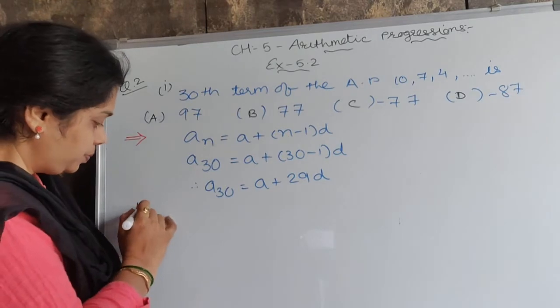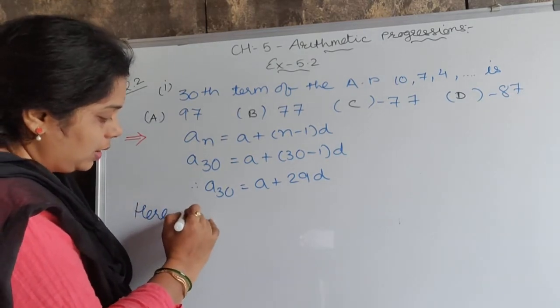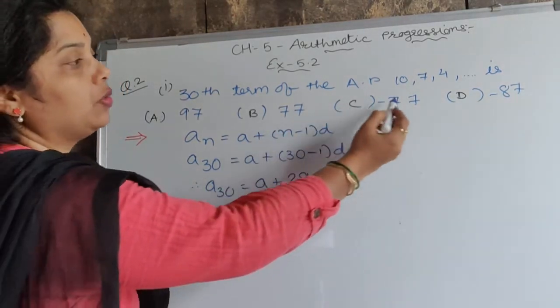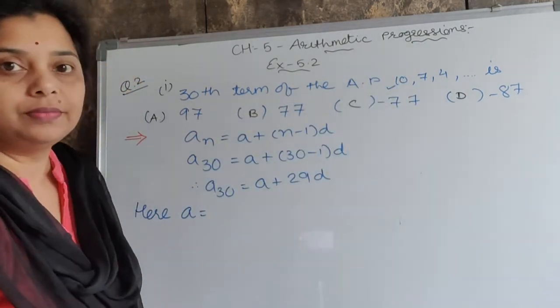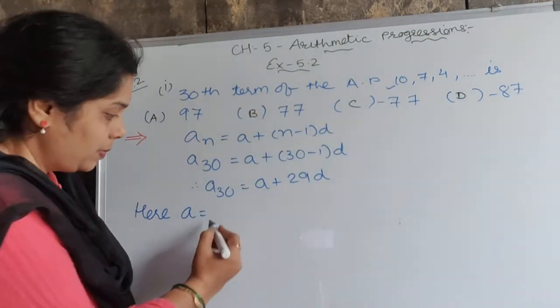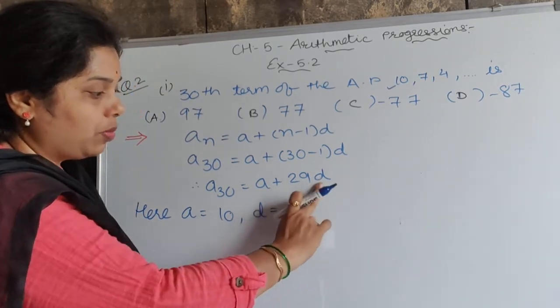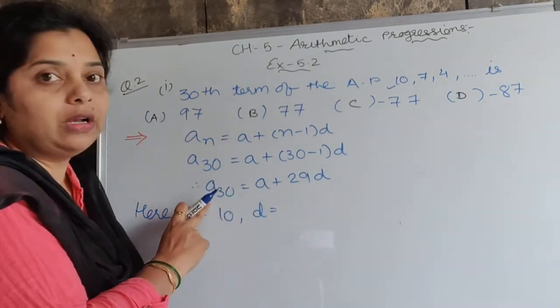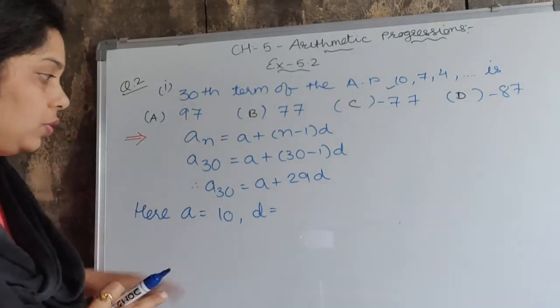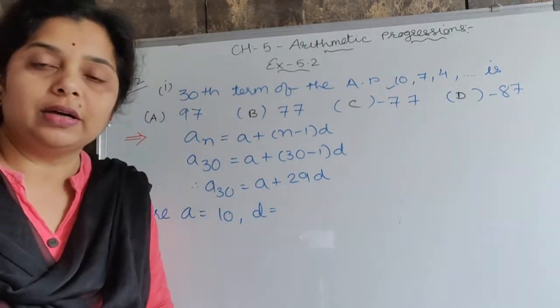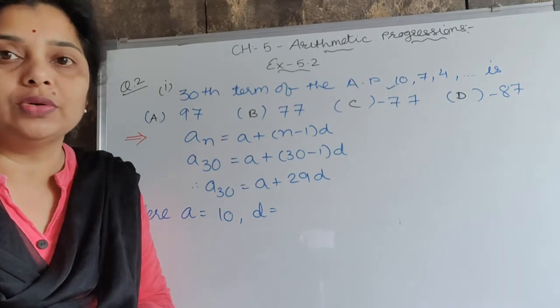Here a is the starting term, 10. So this is the first term, so a is equal to 10. Now we want the common difference d also to get the value of A30. The common difference is the difference between two consecutive terms.